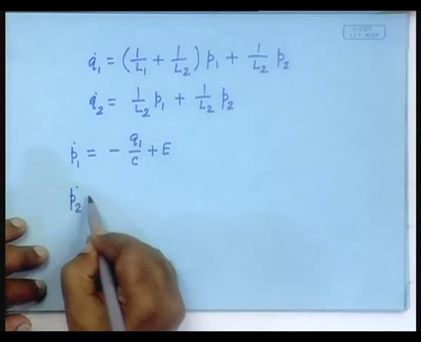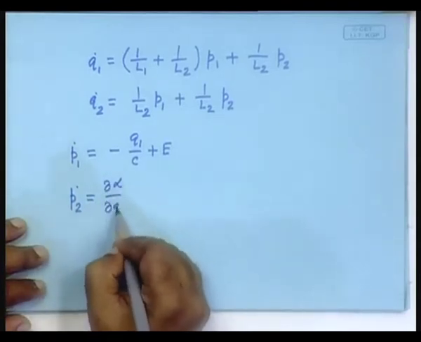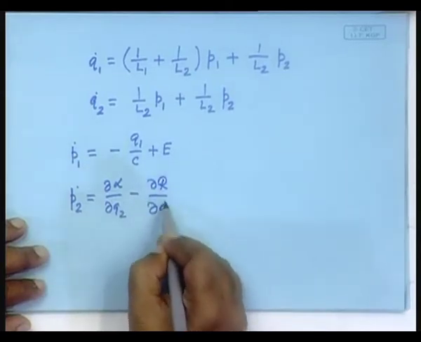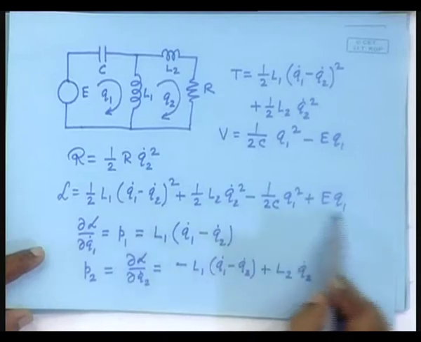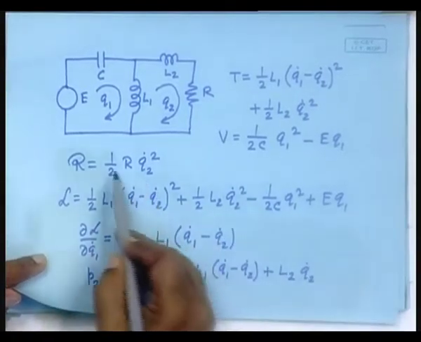p 2 dot is the derivative of the Lagrangian with respect to q 2 minus the derivative of the Rayleigh function with respect to q 2 dot. q 2 is not there in the Lagrangian, so this term's derivative goes to 0 and this term's derivative remains.